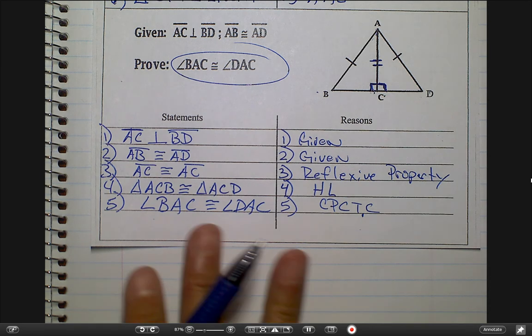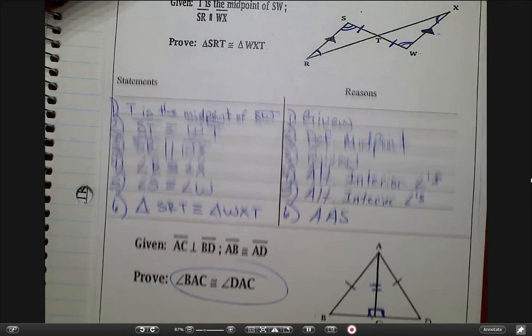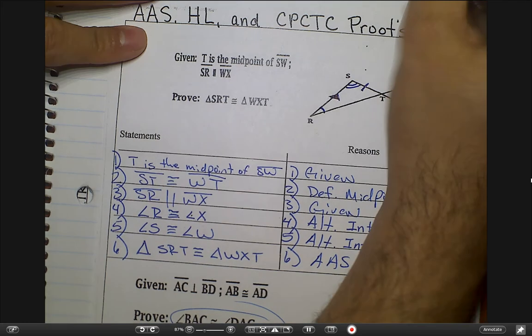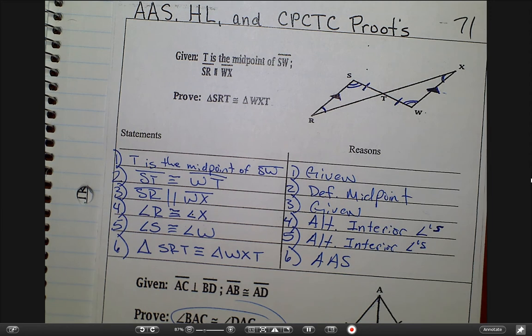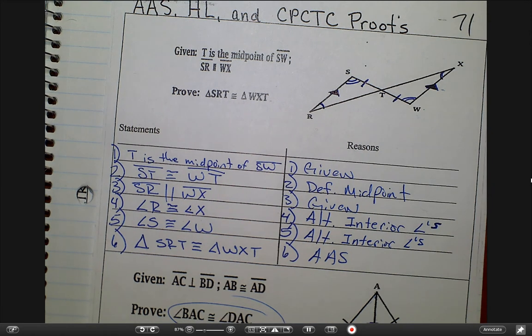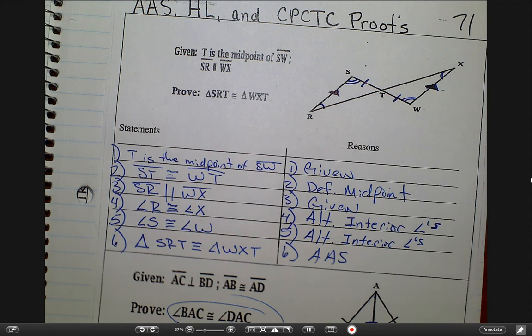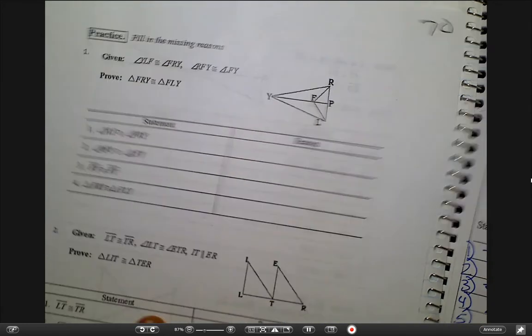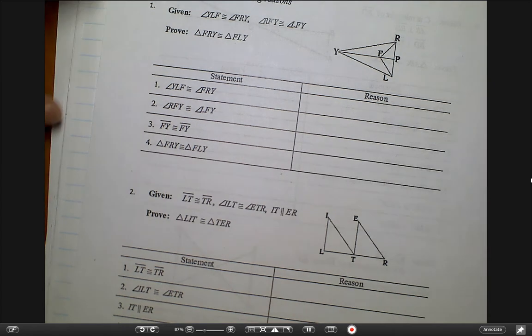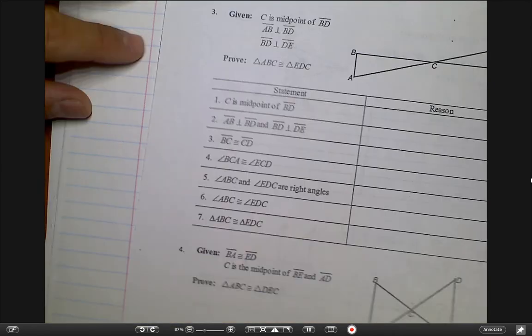All right, so let's take a look at, okay, so this is 70. This is page 70 here. Or I'm sorry, 71. That's 71. And so what do I do with my 70? Here's 70. All right, so let's take a look at 70. So page 70, we have 4 problems for practice.